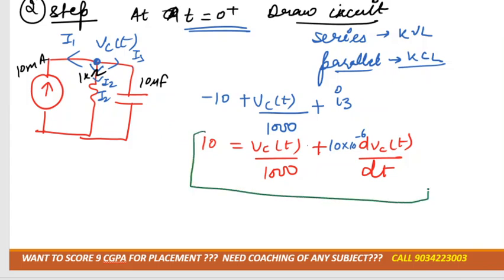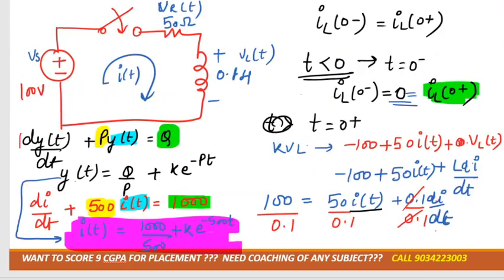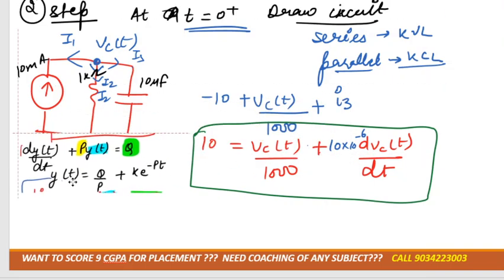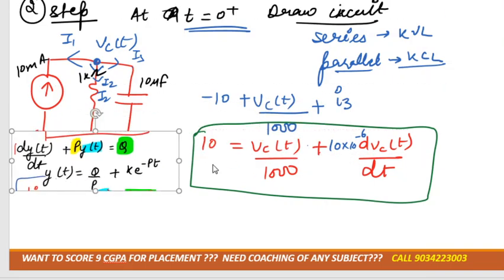Compare it with the standard form. It's a non-homogeneous equation. Now you already know the standard equation for the non-homogeneous case, right? So now take the dy by dt coefficient as 1.